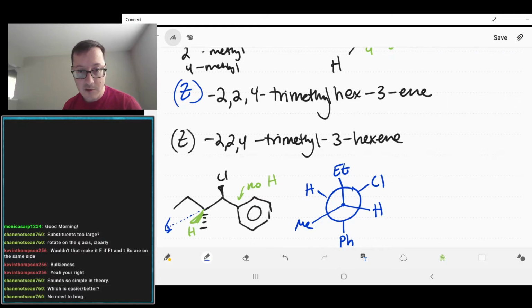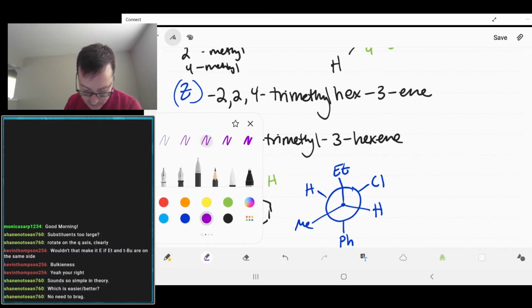So we just need to rotate something. We can rotate our back carbon or front carbon. It doesn't matter. Doing this just allows us to see the relationships of our substituents to each other. That's what we're looking at here. Last time I rotated the back carbon, so let's rotate the front carbon this time.